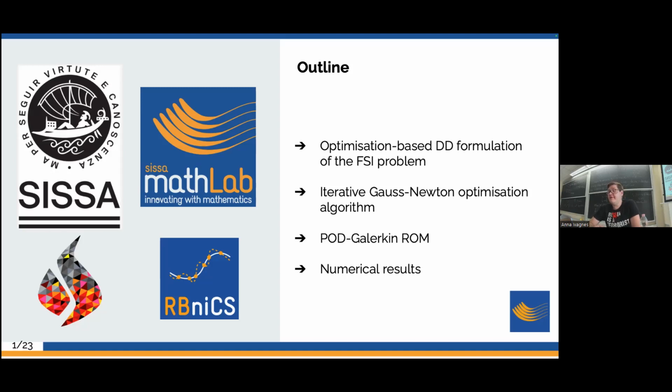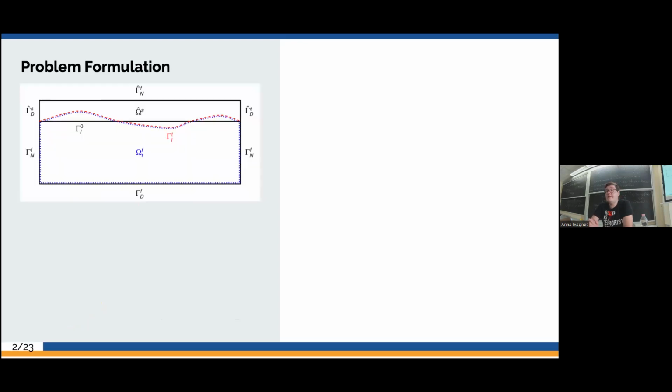Then I will introduce an effective iterative Gauss-Newton optimization algorithm in order to decouple the solutions of fluid and structural subproblems. And then we move to POD-Galerkin reduced order modeling, and then I will show some numerical results.